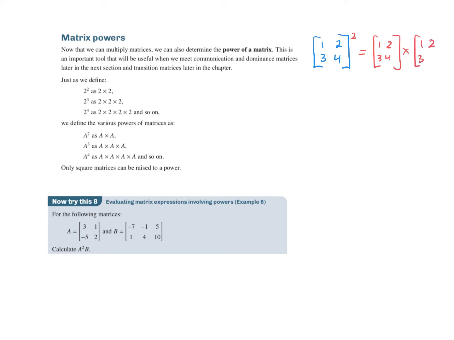So the thing with matrix powers is the matrix must be square. So you can only, and that's an important point to write, you can only raise square matrices to a power.